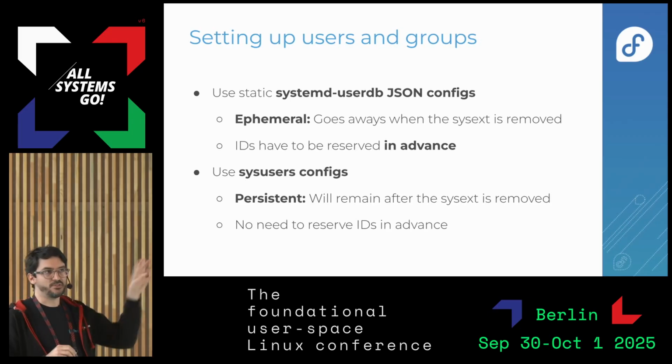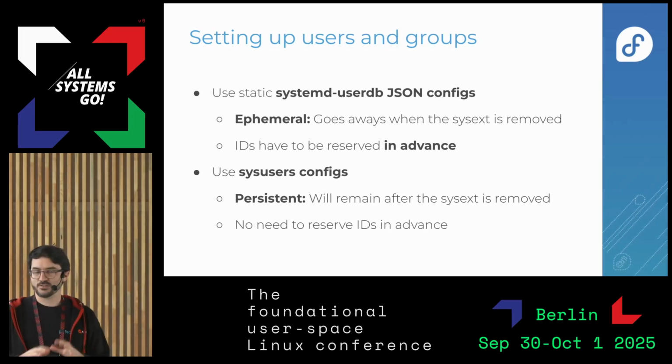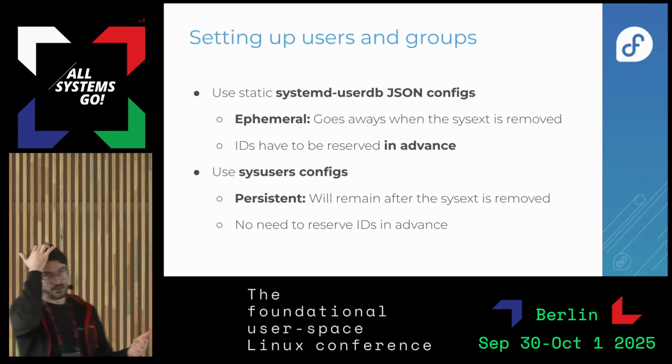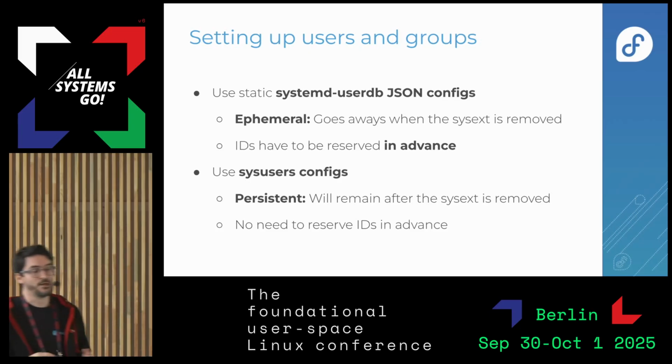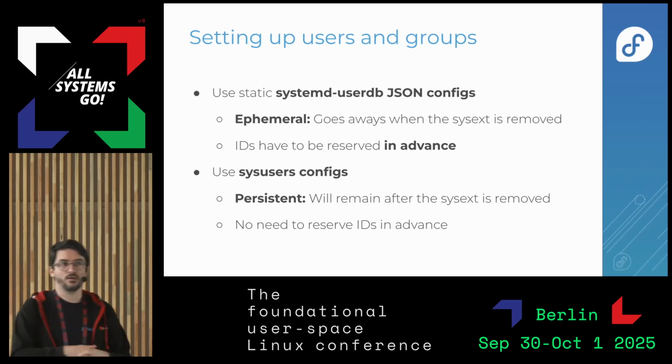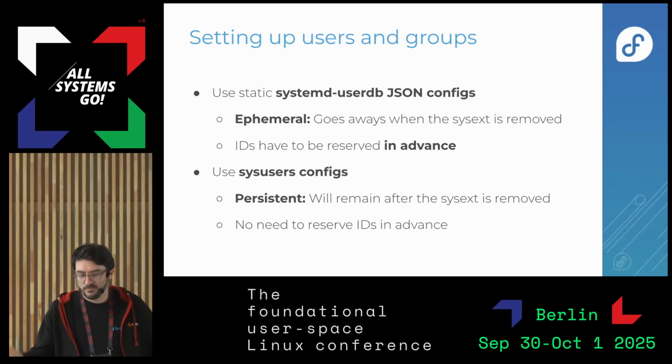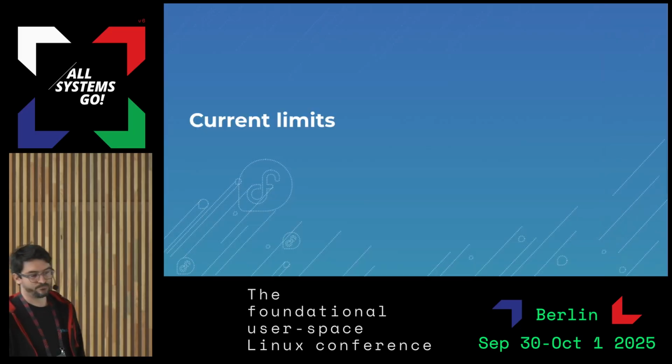You can use systemd userdb static configs, which works great. Or you can go the other road and say, I don't want this decided in the Sysexts, but to be a classic sysusers config. Then it would get created per host. But of course, the user will persist when you remove the Sysexts. Two options, there's no good or bad, it depends on what you want to do.